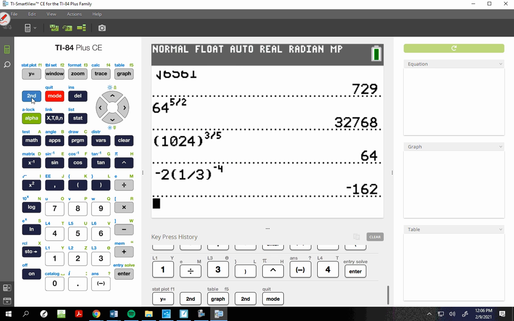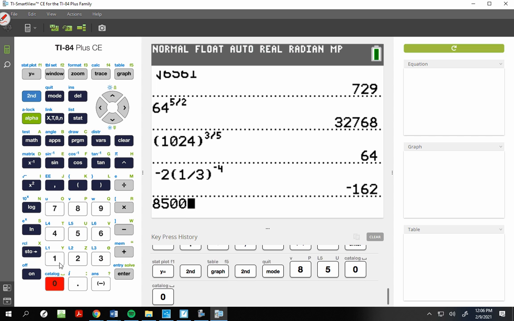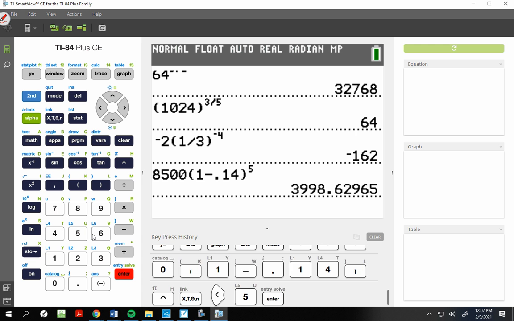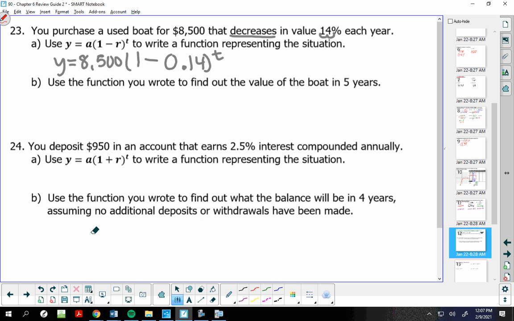To get out of the graphing function, you guys can hit second mode to quit. So 8,500 times 1 minus 0.14 raised to the x power. Oh no, sorry, we're plugging in 5. So raised to the 5th power equals 3,998.63.